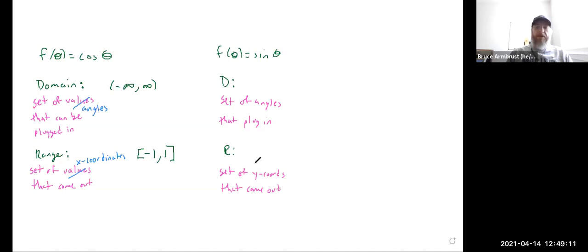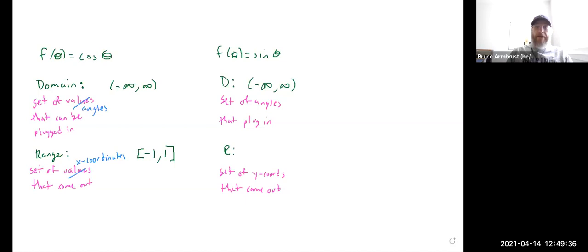And it's the y coordinates because that's how sine was defined. In terms of the domain, I think it's pretty easy to see that it's the same domain. Because is there ever an angle whose terminal side does not intersect the circle? No, of course not. Okay, but then what about the range?